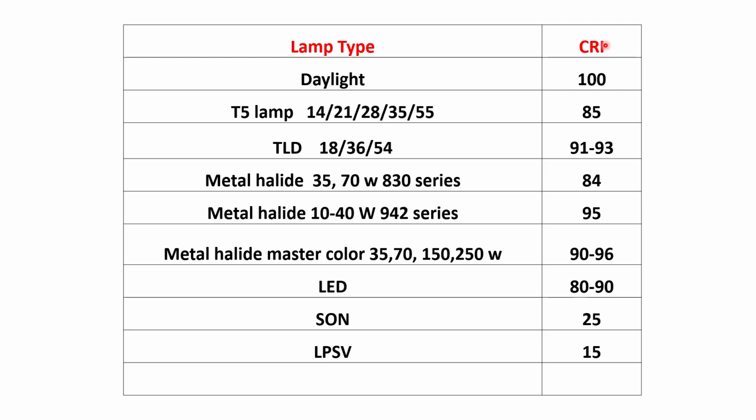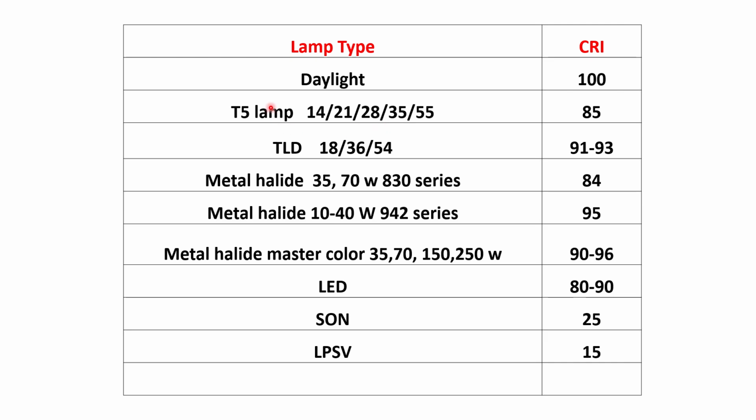This property is very important because for reading purposes we always need at least a color rendering index of 85. Daylight is having 100 CRI, and the other lamps are compared with respect to this daylight outside.